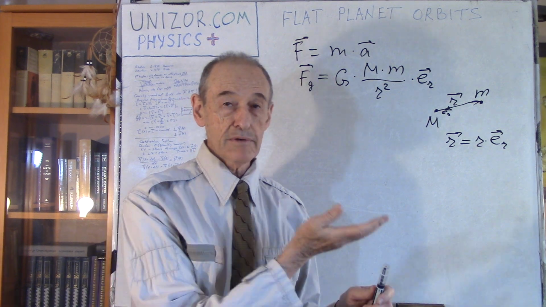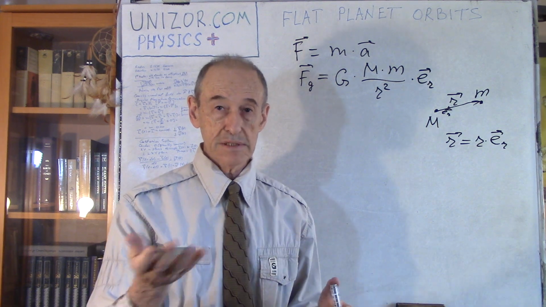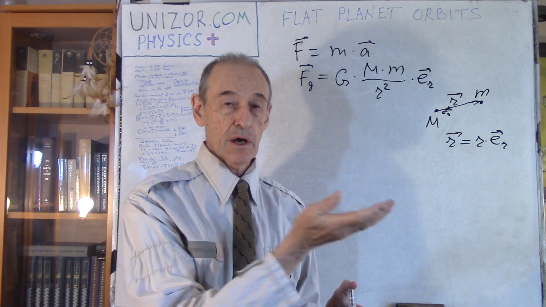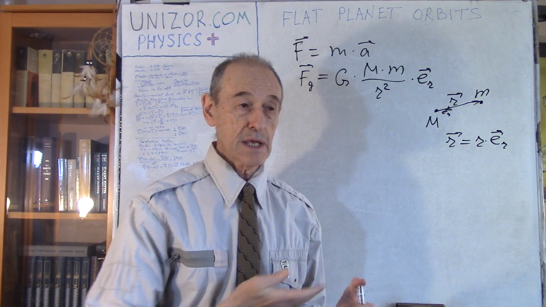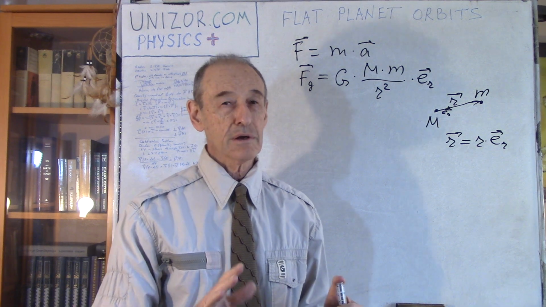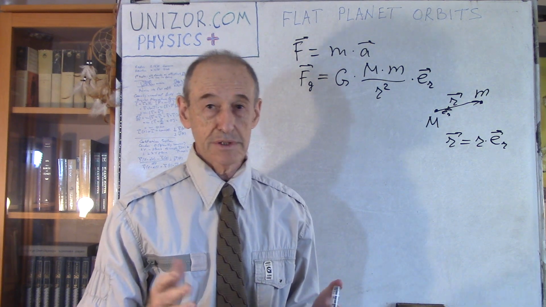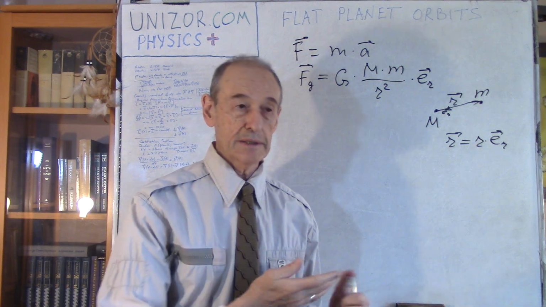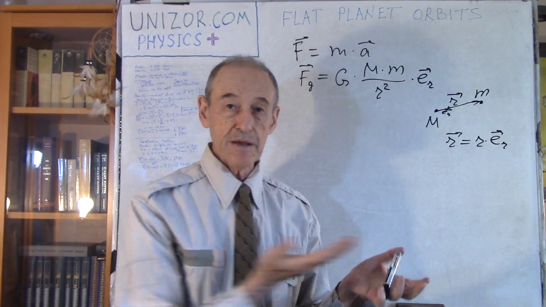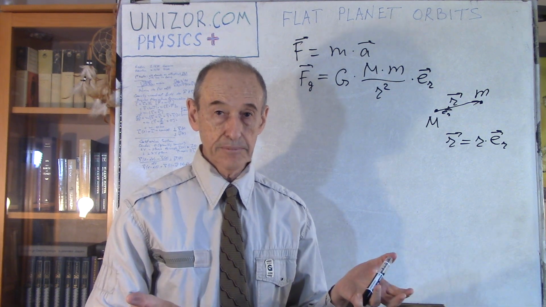So if you have a plane where the planet is actually circling around the sun, well, the word circling is not good because it's actually not a circle, it's an ellipse. So the moving trajectory of the planet. Why is it in the same plane?